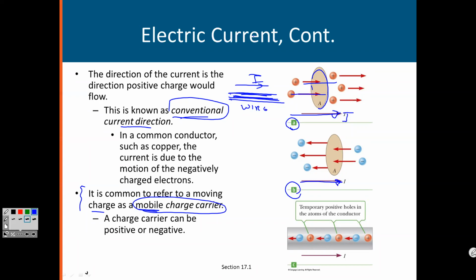Say a positively charged sodium ion, for example, can move towards the negative terminal in a solution. So it is possible to have positive charge carriers, but in wires, in metallic conductors, the charge carriers are electrons.